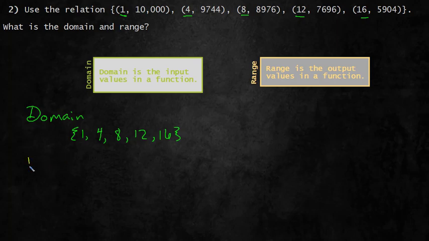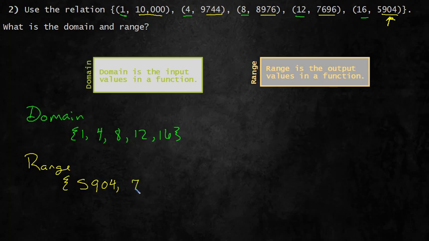And so let's look at range. Those are your y values, or your output values. And we go from least to greatest again. This time, our smallest number is our last number, because this one we're closest to the ground from our previous scenario. 5,904.